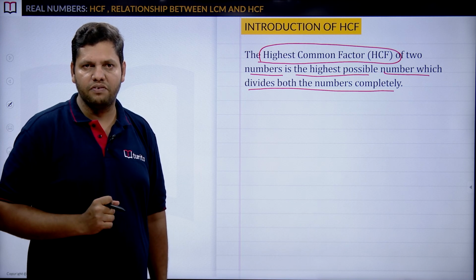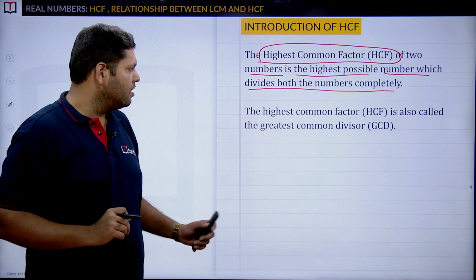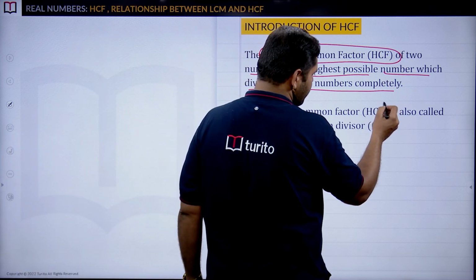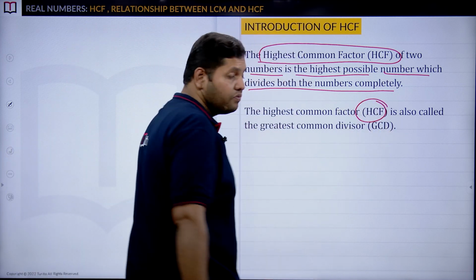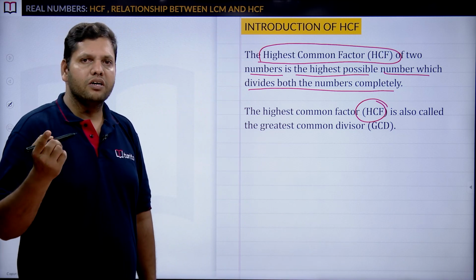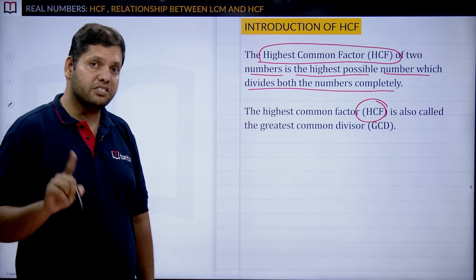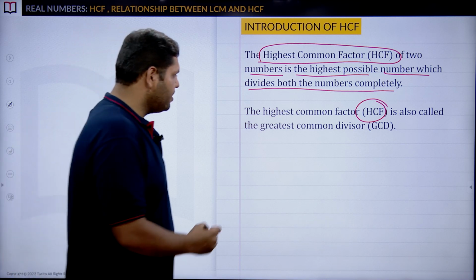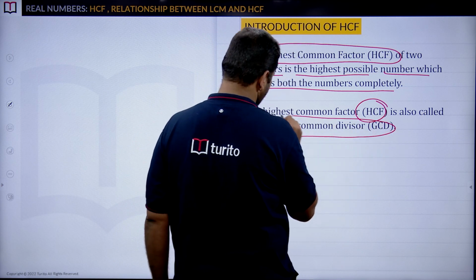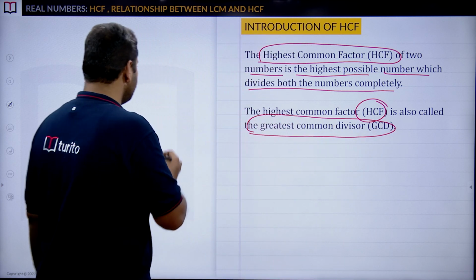Clear, children, this point, everyone? I told you just now, the highest common factor we can say GCD also. You can call it HCF or you can call it GCD, both are same.